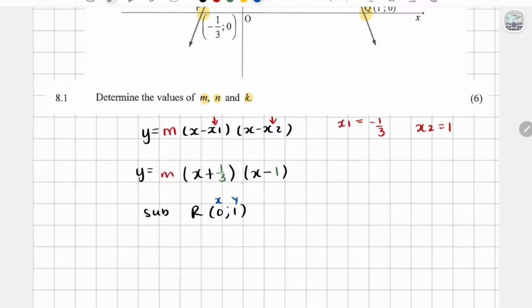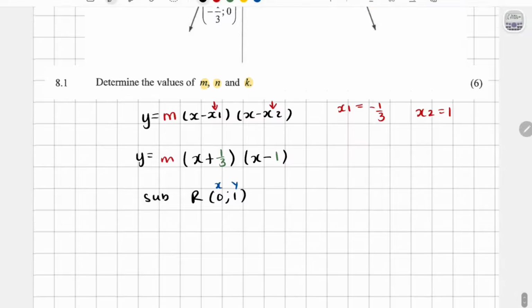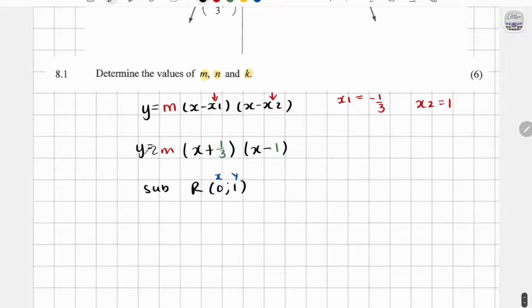So we have y, so I'm going to put that as 1. So 1 is equal to m multiplied by x, and x is 0, so we just have 0 plus 1/3, and x again, which is 0, minus 1.